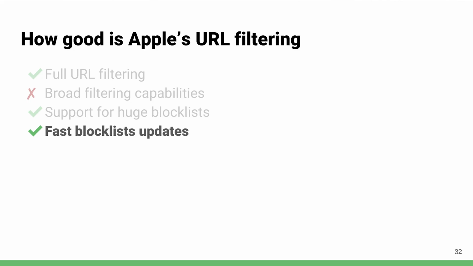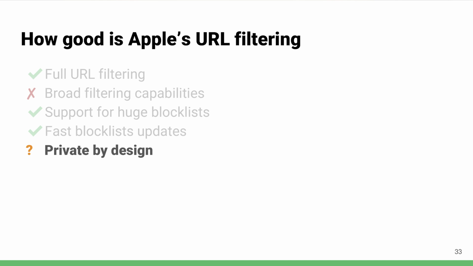And here, again, Apple gets a check mark. The API supports automatic updates, and the minimum update interval is 45 minutes, which is actually quite good. What I would like to add is that it's very atypical for Apple. Usually, keeping something up to date, if you're just an app, is very problematic on this platform.